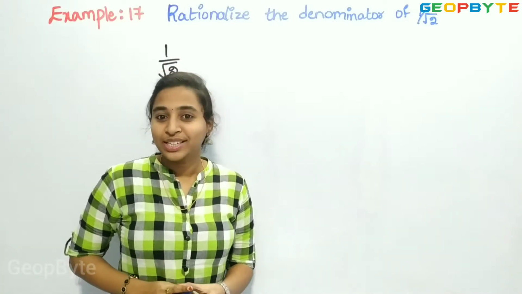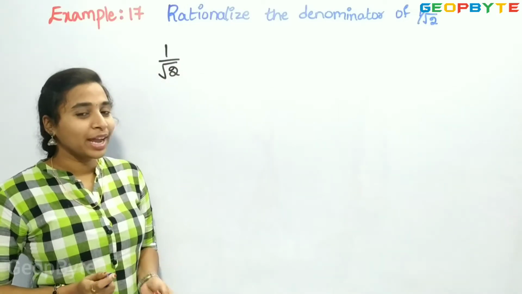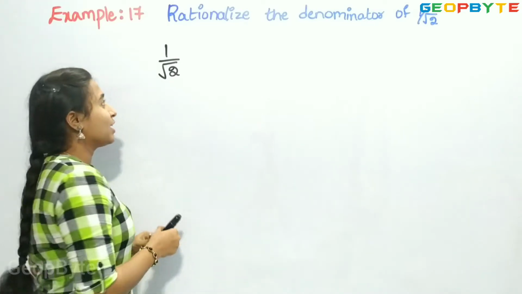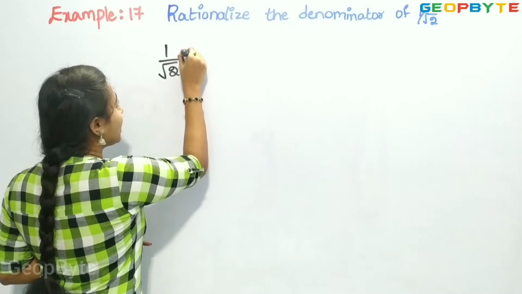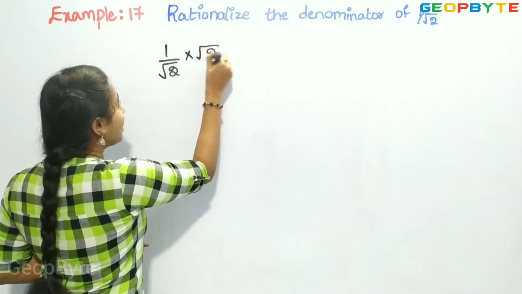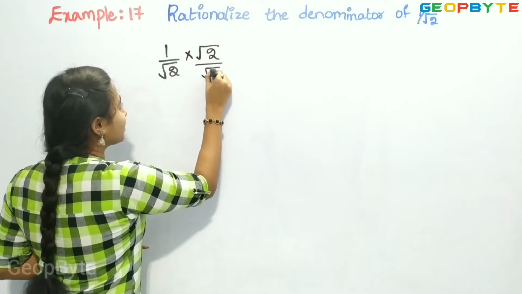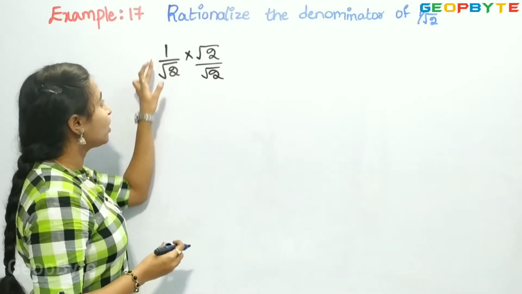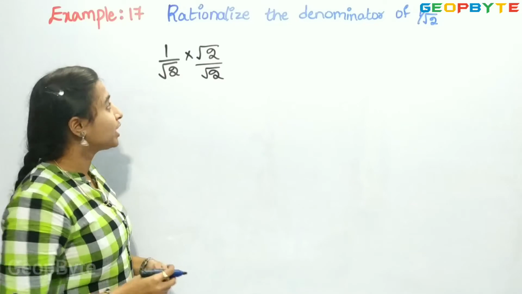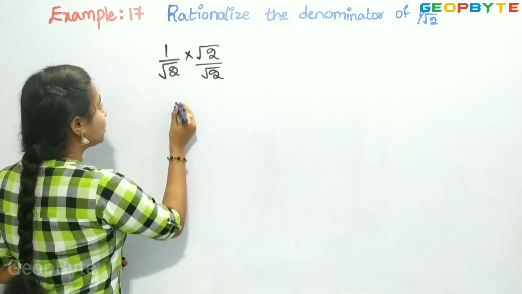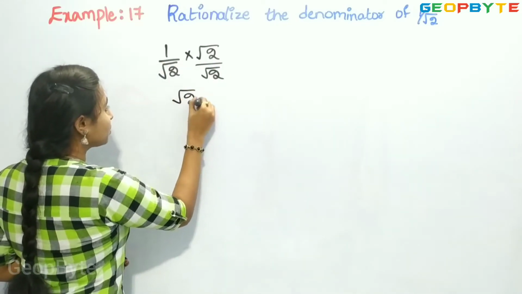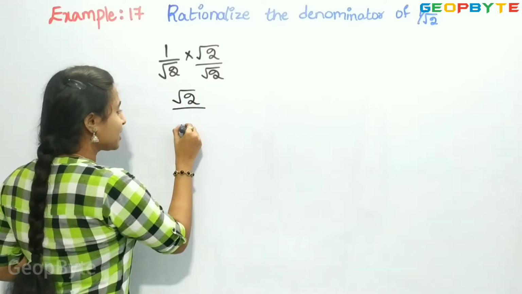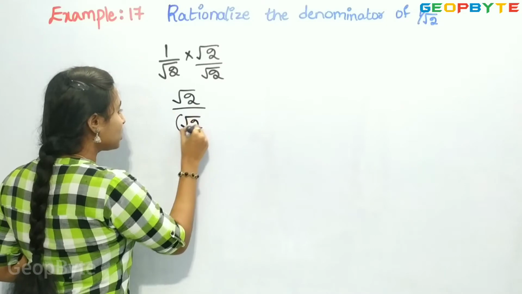In order to rationalize, we need to multiply and divide with root 2. Multiplying and dividing root 2 for 1 by root 2, what does it become? 1 into root 2 over root 2 into root 2, which means root 2 whole square.